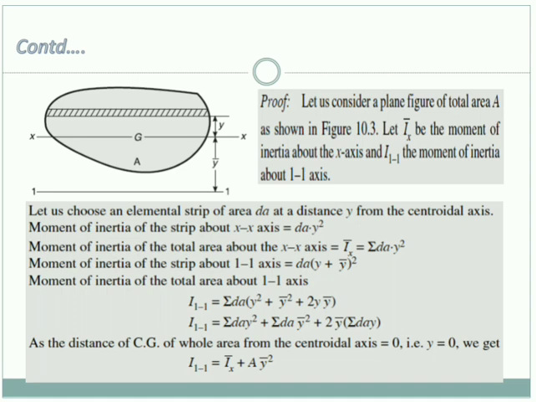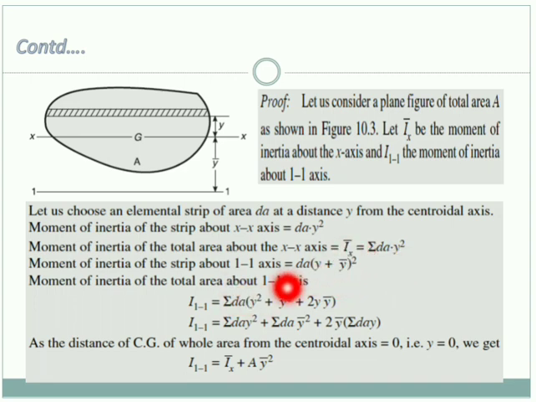Then when we see the remaining two terms, the first term, summation of dA into y square, is nothing but Ixx. See the first term of this equation and see this, both are matching. So instead of summation dA y square, which is the first term of this equation, I am substituting Ix.